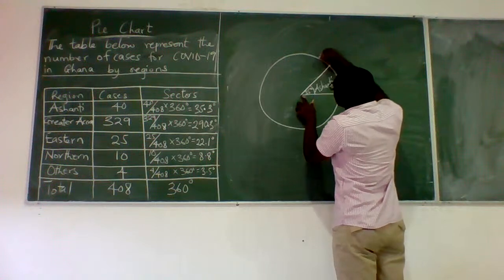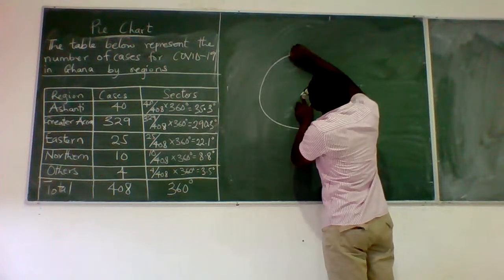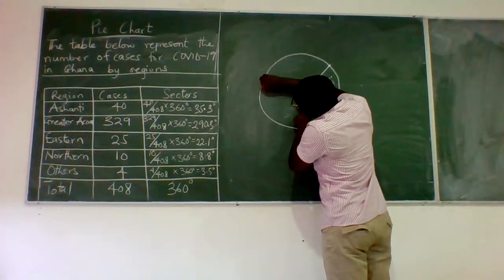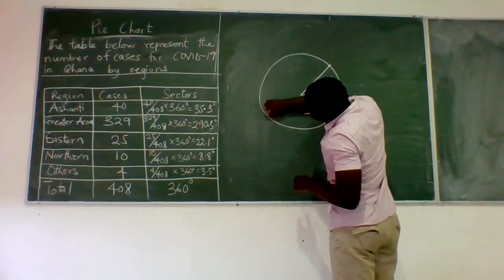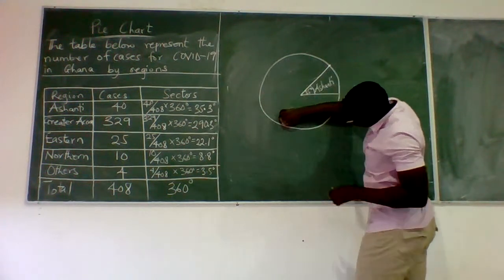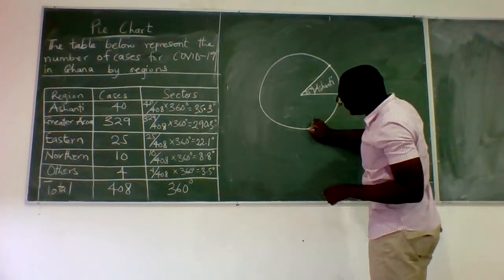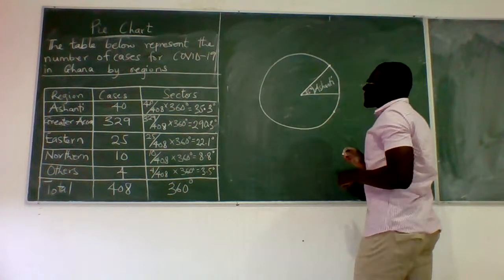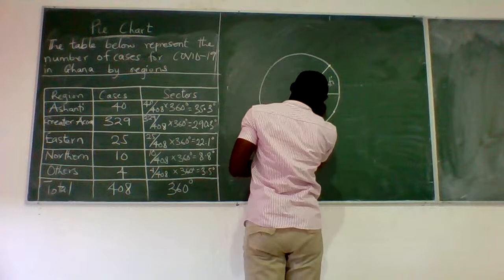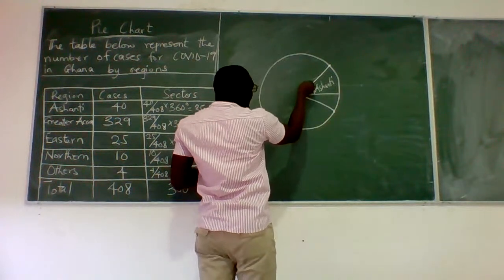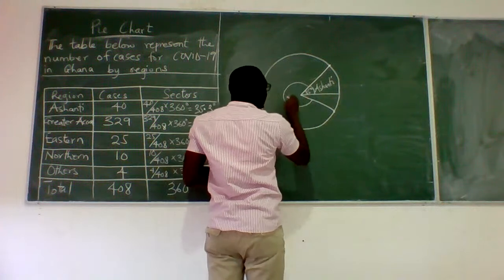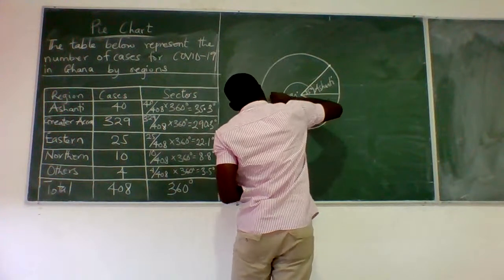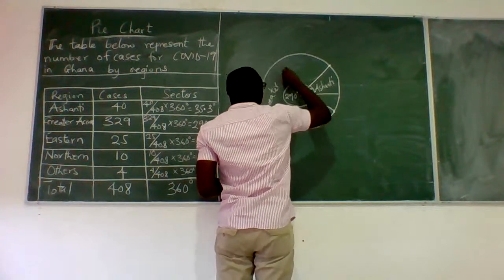We start 10, 20, 30, 40, 50, 60, 70, 80, 90, 100, and continue around. So it means the whole of this sector, which is 290 degrees, represents Greater Accra.